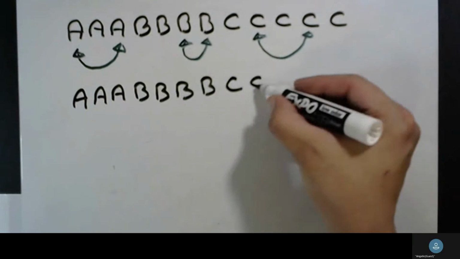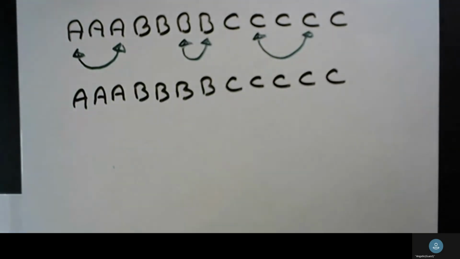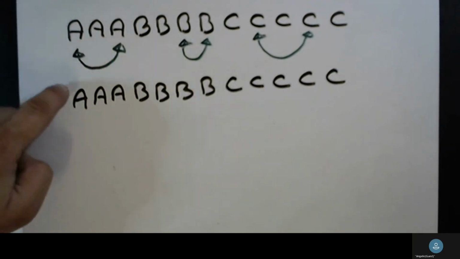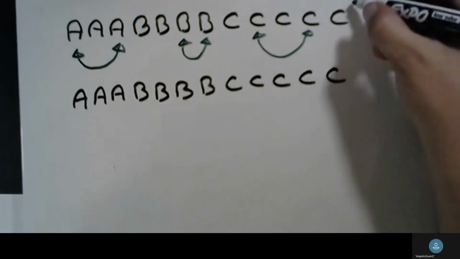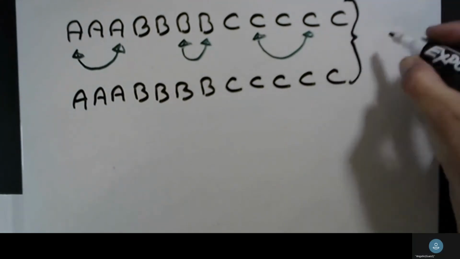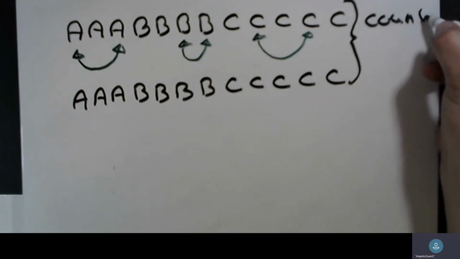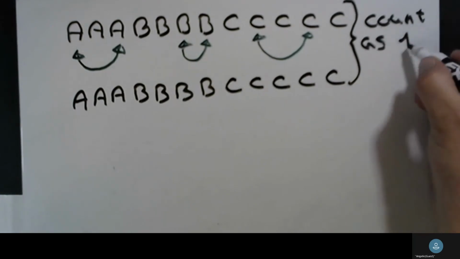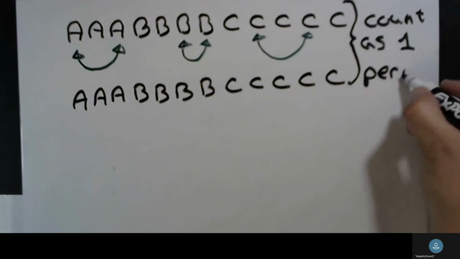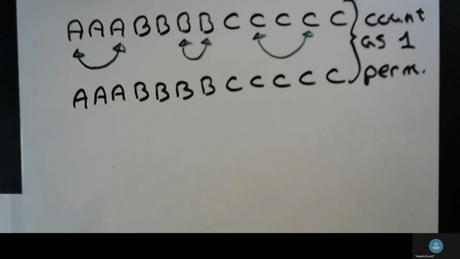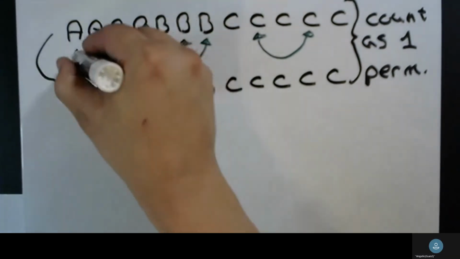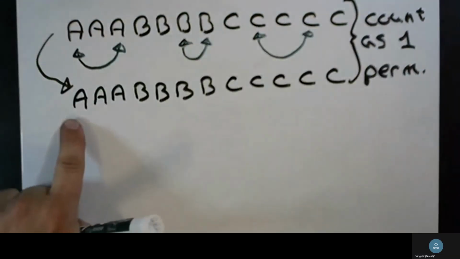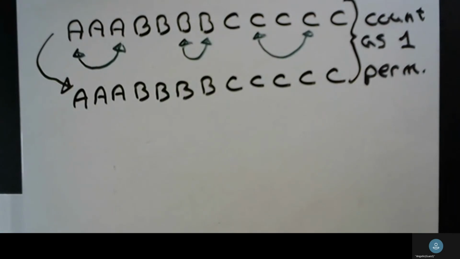Doesn't look like anything's changed. So these are not distinguishable. They're indistinguishable. So these are going to count as one permutation, because we can't tell the difference between this one and this one. After we switch the A's, switch the B's, switch the C's, we get the same thing.